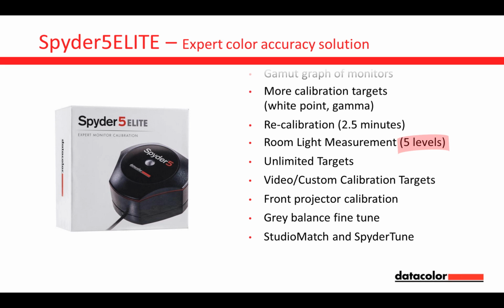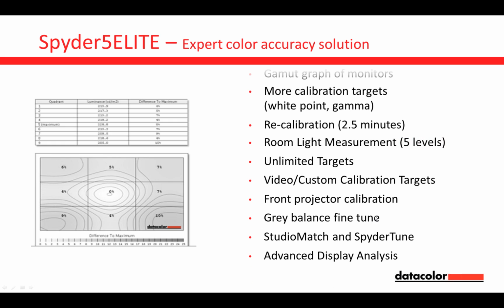And you remember I was talking about uniformity. That's again an option. You have the advanced display analysis function. With the advanced display analysis function, you have, for example, the uniformity of brightness and of color. And you will see it's 9 areas that will be measured all over the screen.